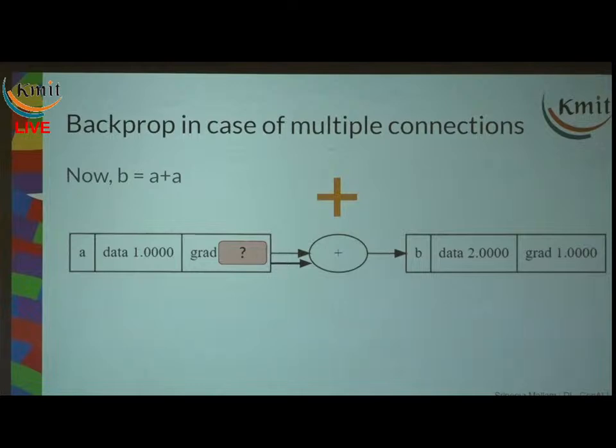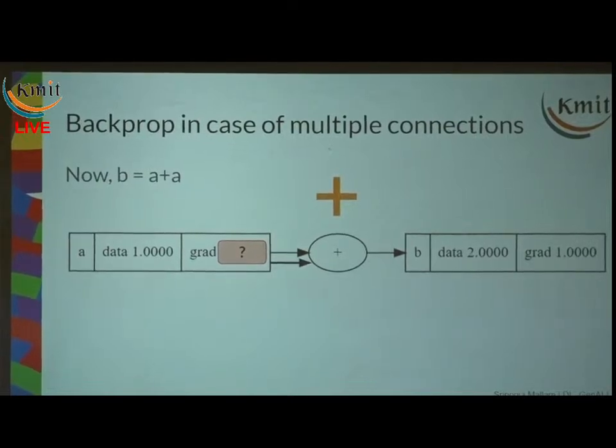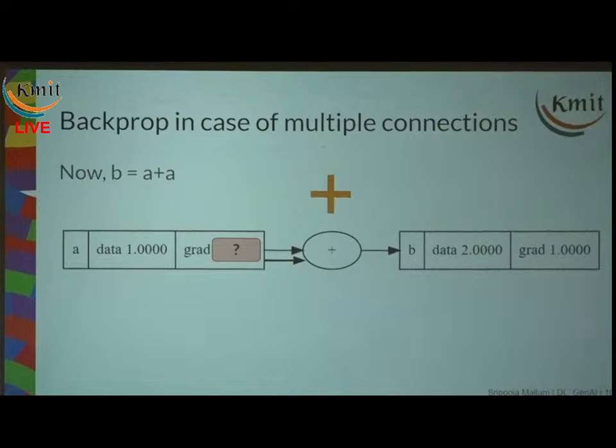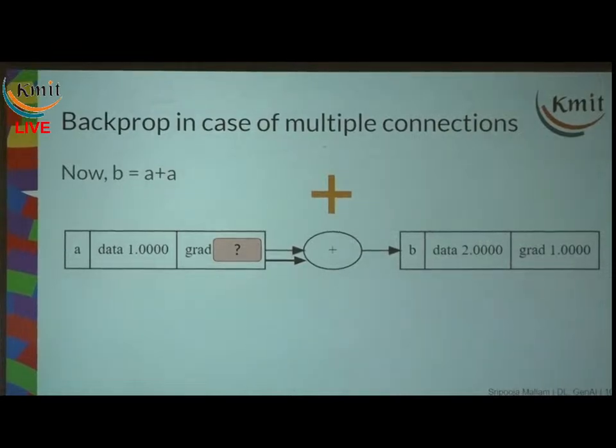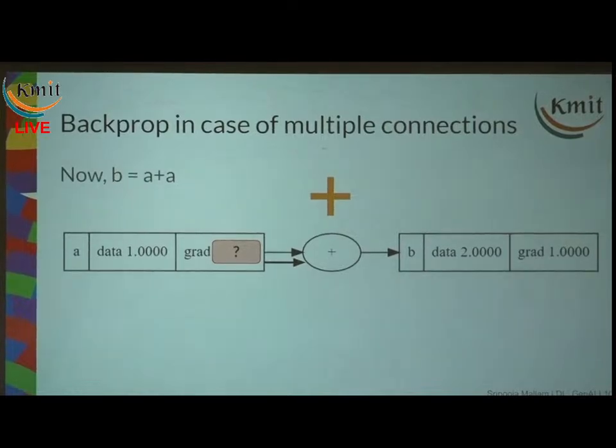How many methods are there to calculate and assign the gradients? Do we have multiple in case of plus operation? We have a plus operation and we are overwriting how it functions with the help of the dunder add method, that's the underscore underscore add underscore underscore method for addition. In that you are calculating and assigning the gradients.